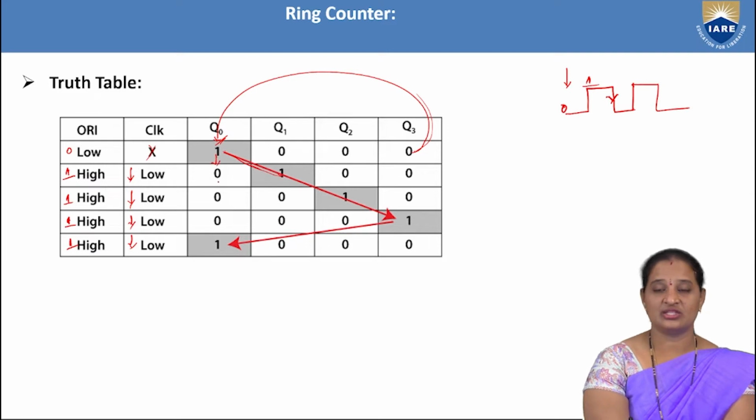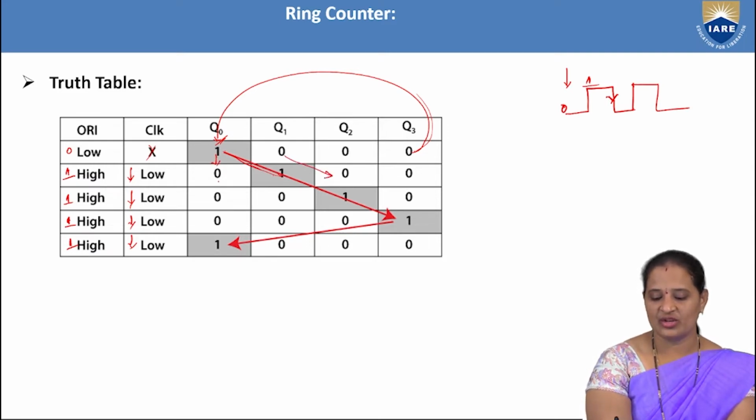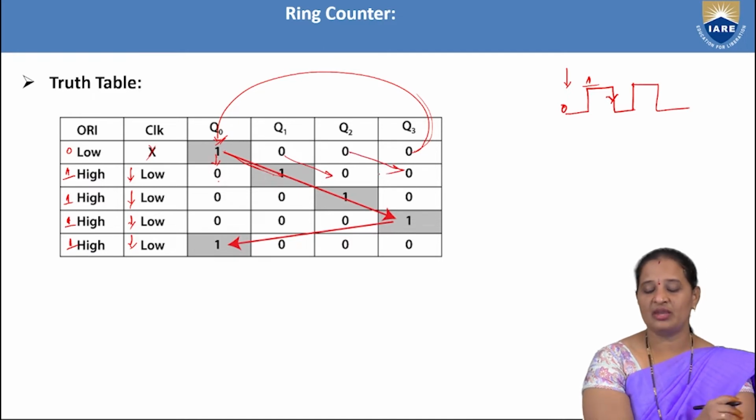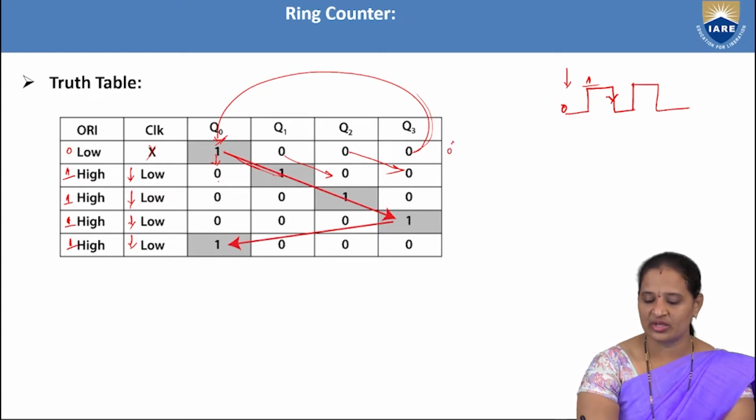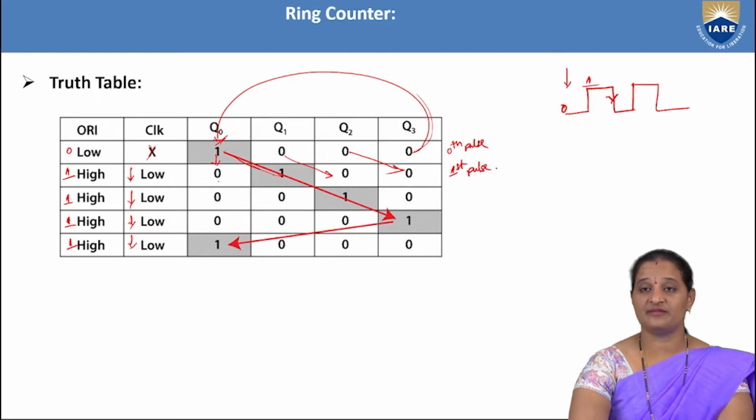This is 0 now, whereas this one will be pushed here, and this 0 will be pushed here. This is at the 0th pulse, and this is at the first clock pulse, that is the first negative edge of the clock.